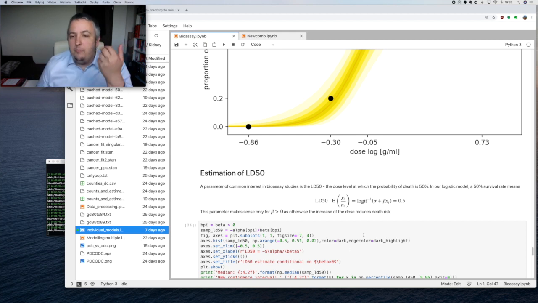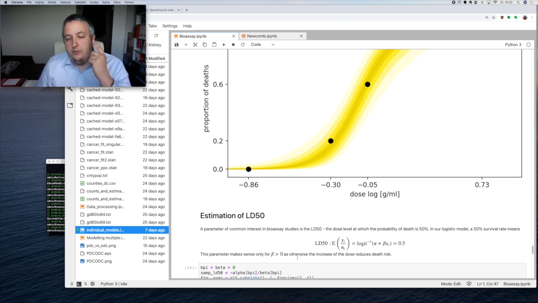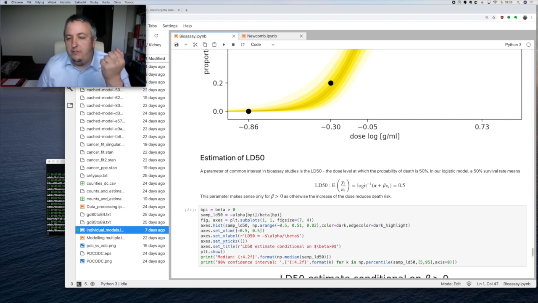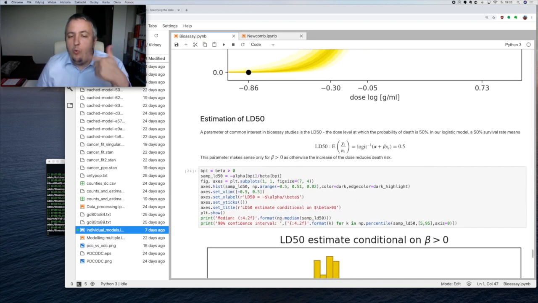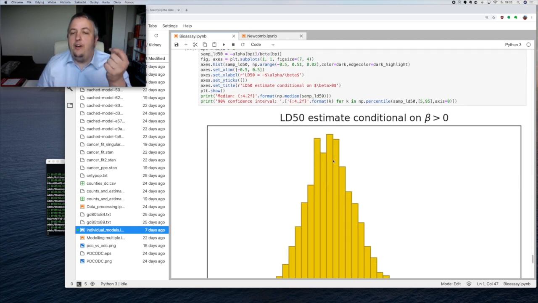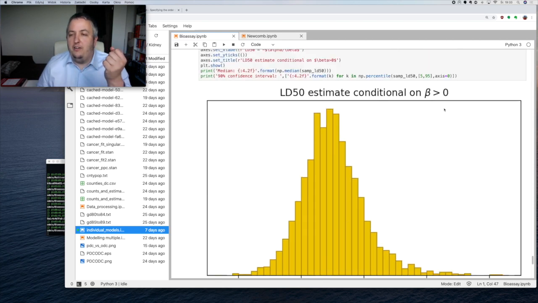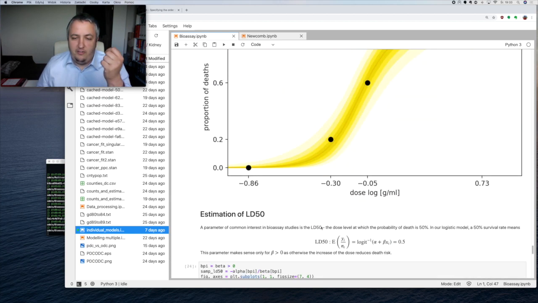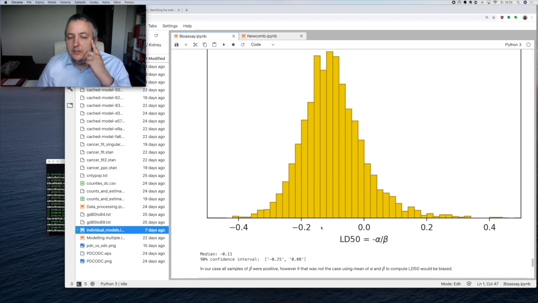The other thing is that maybe we should consider modeling beta with a positive-enforcing prior, which is a matter that you might consider in your own investigation of this model. So we get those samples and we can get the estimate of LD50 conditional on beta greater than 0. Of course, in our case, all the betas were greater than 0, so the problem was irrelevant.